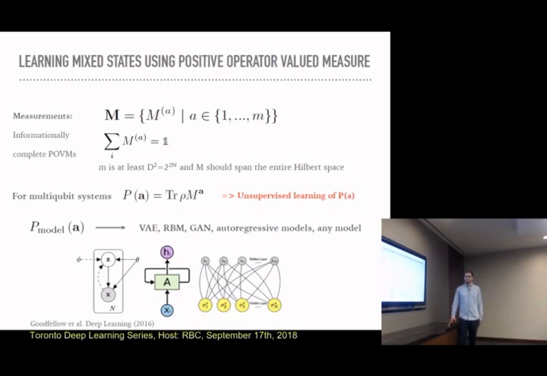You invert. That's why you're talking about inversion. What I don't understand is how you are using the generative model. Let's say you have a generative model that produces the distribution, but your eventual goal was to get rho. So how do you do that part? How do you get rho out of it?